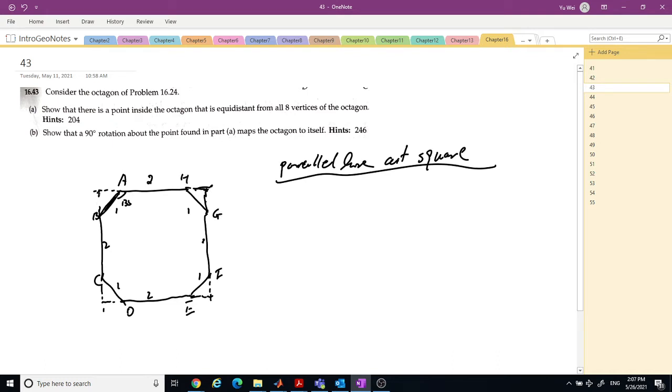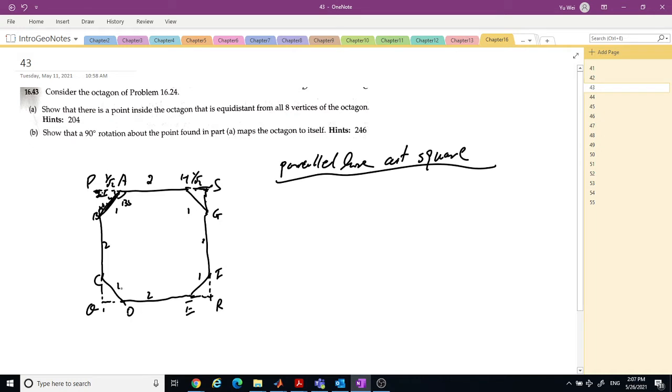Now let's see this. After extending, we get P, Q, R, S. You can see after we extend, this one is 45 degrees, and also perpendicular, so this is 90 degrees, right? So this is 1 over root 2 and 1 over root 2.